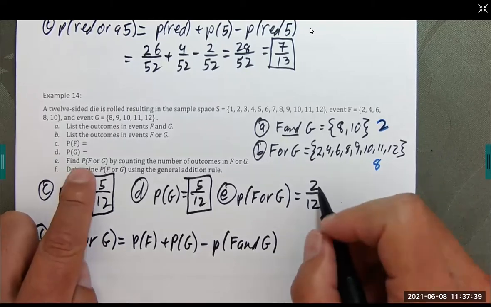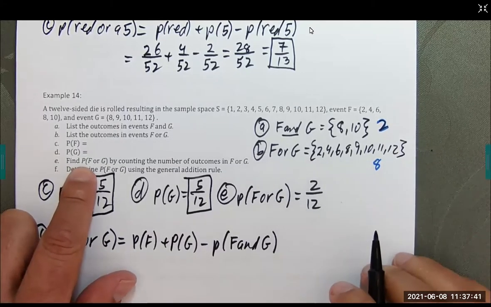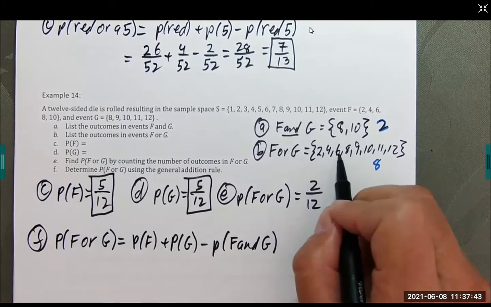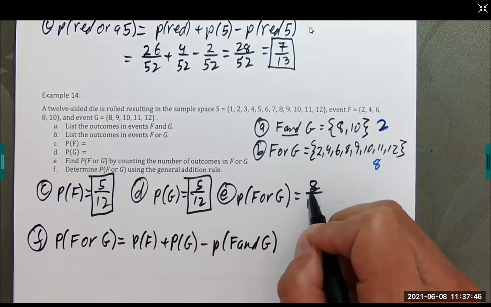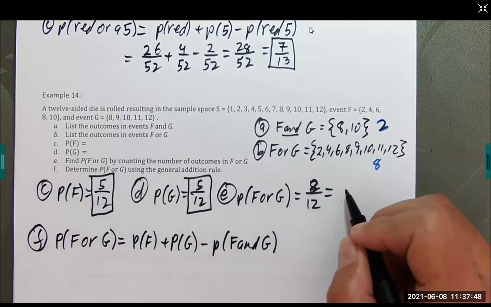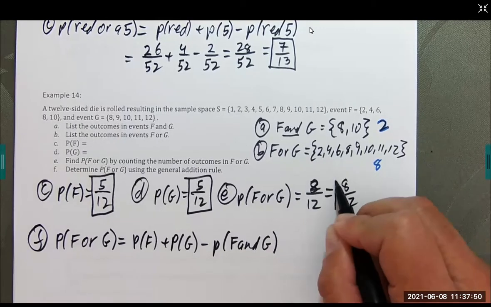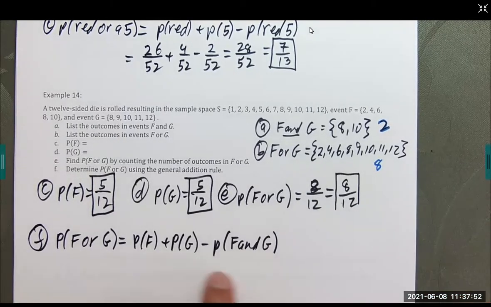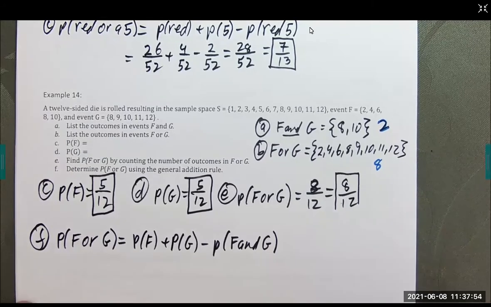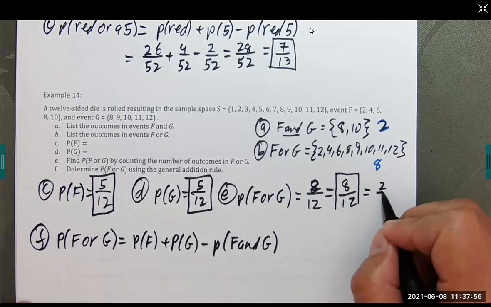Part E is not correct. F or G is going to be 1, 2, 3, that's 8 out of the 12. So when we do it this way, we should get the same number. That, of course, reduces to 2/3.